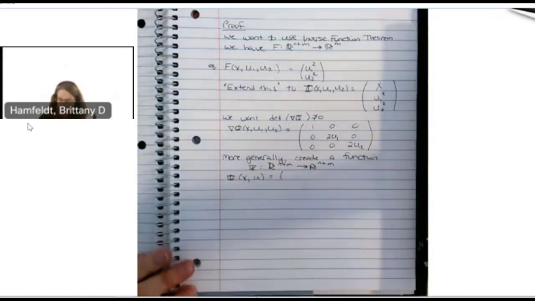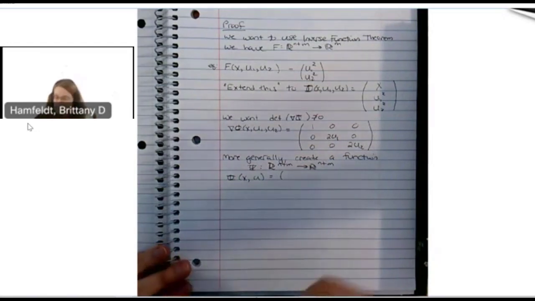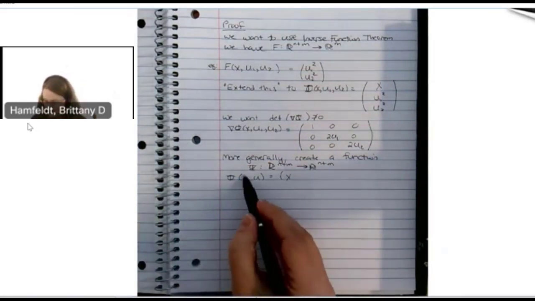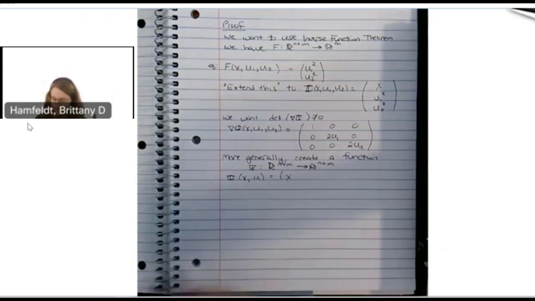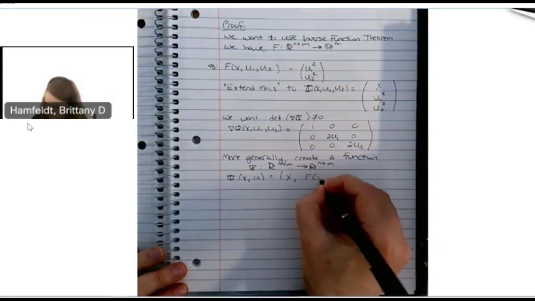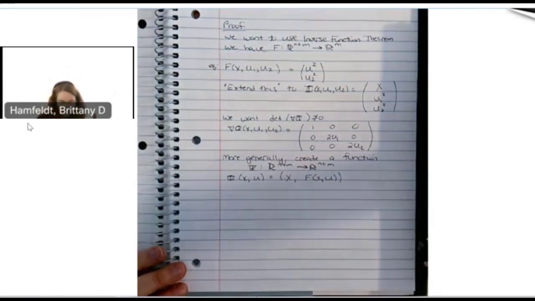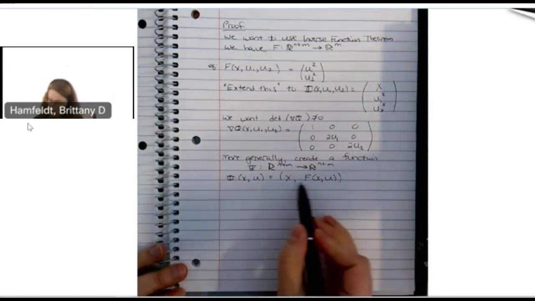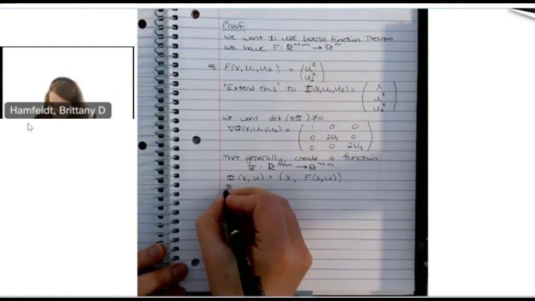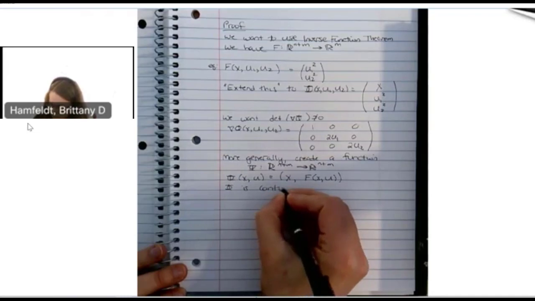The first n components are just the n components of my x variables, the identity mapping applied to these x variables. That's the right number of components to add in. And then everything else is going to be my original function. This is still continuously differentiable. Our original thing was continuously differentiable, which means this is too. So that's good. That's one thing we needed.